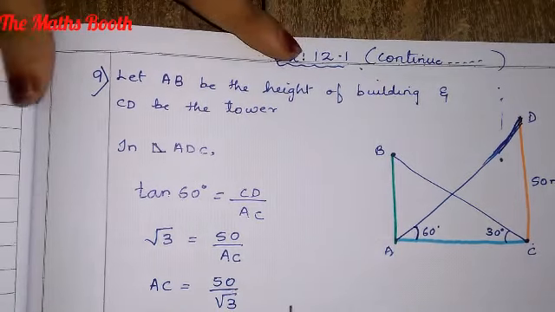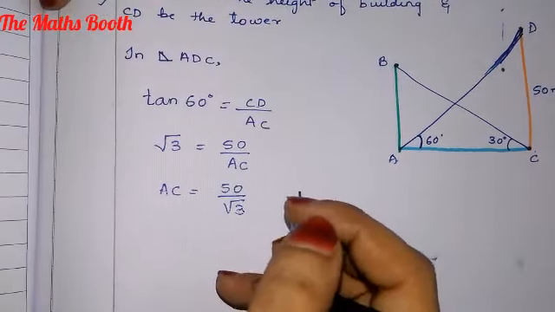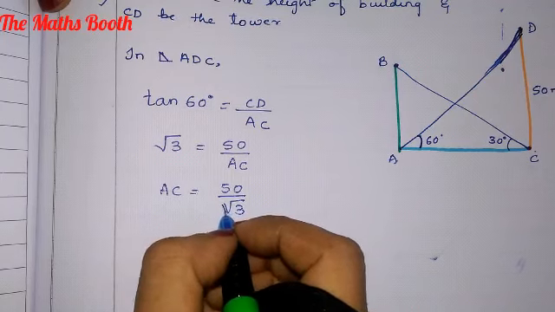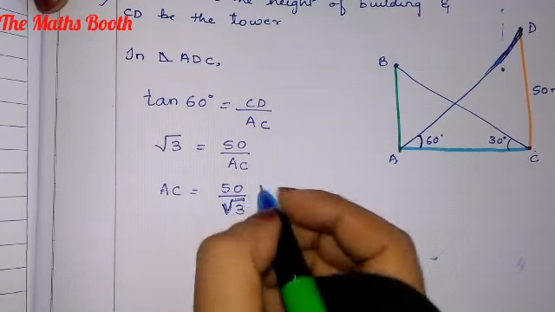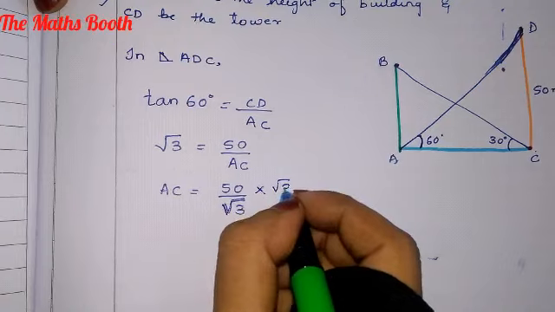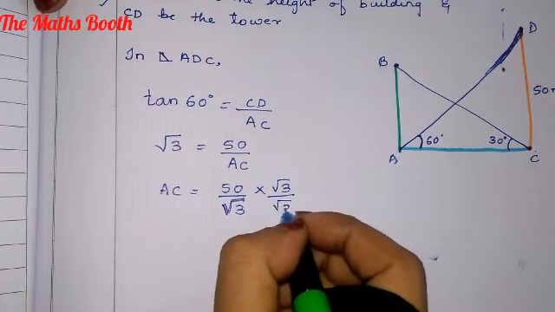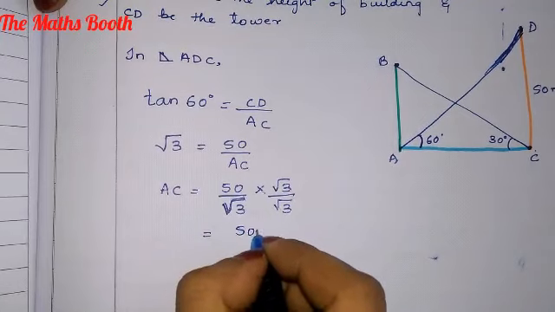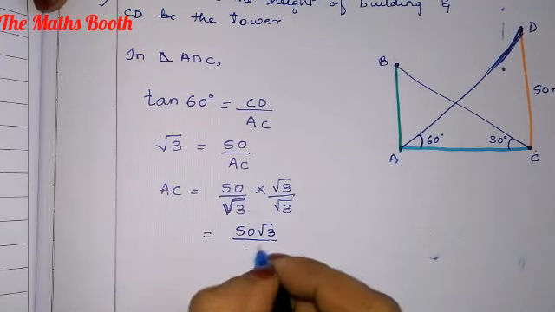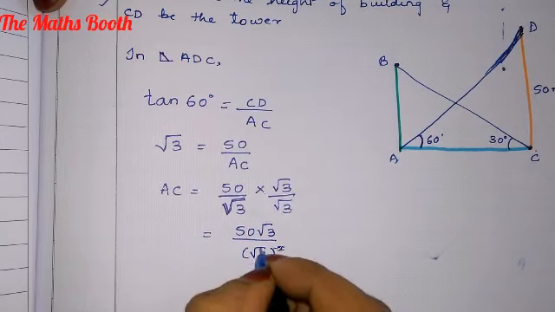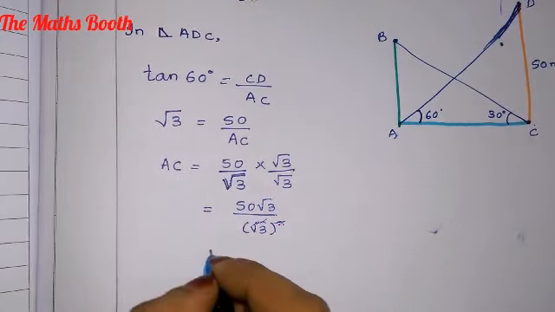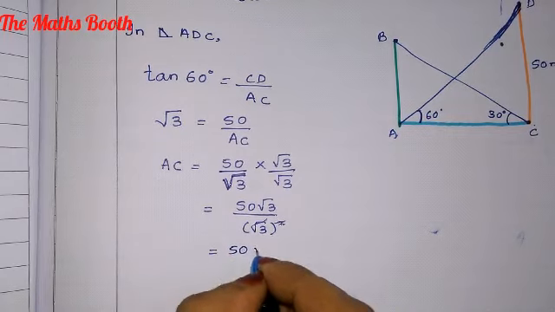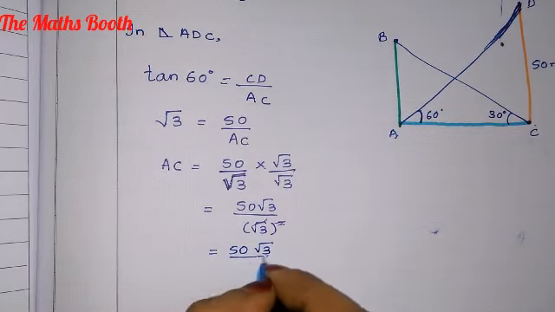So let us rationalize the denominator. When a root is there in the denominator, we have to rationalize it. Root 3 into root 3. So it is 50 root 3 upon root 3 square. Square and root get cancelled. So the answer is 50 root 3 by 3.